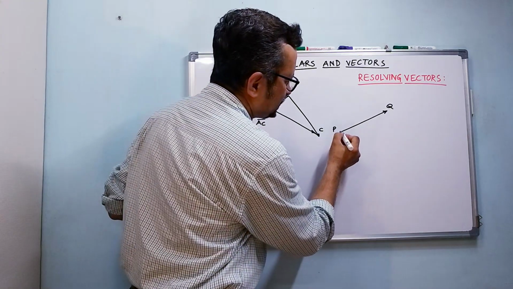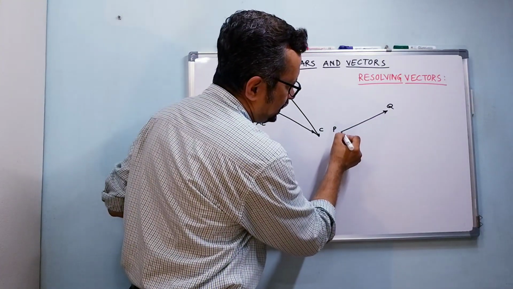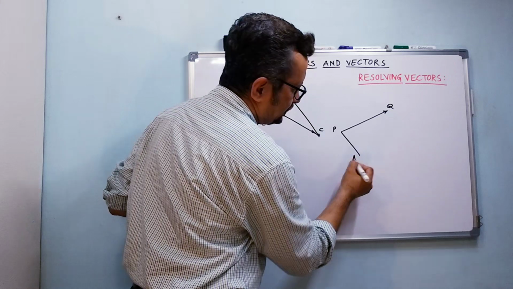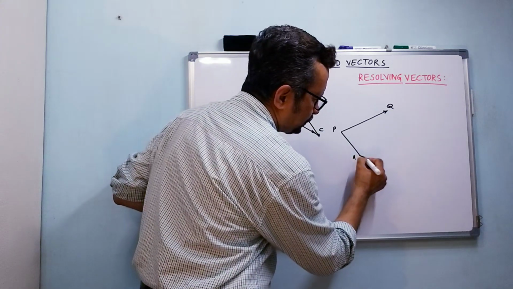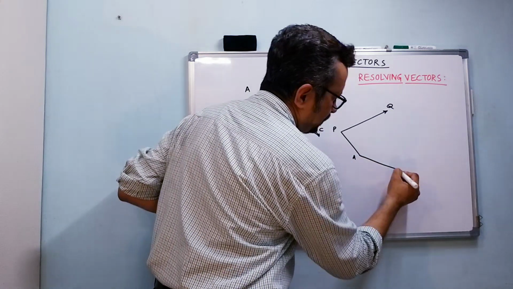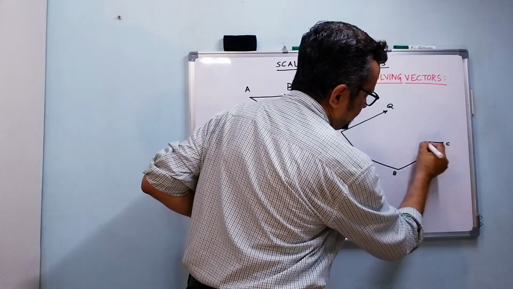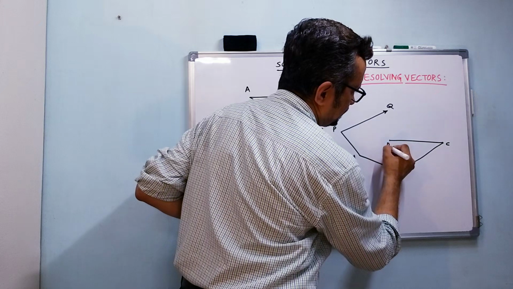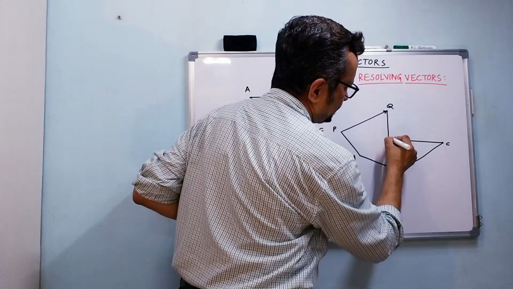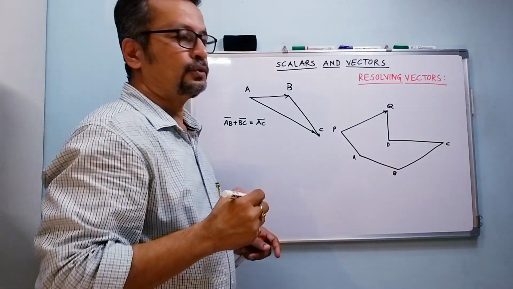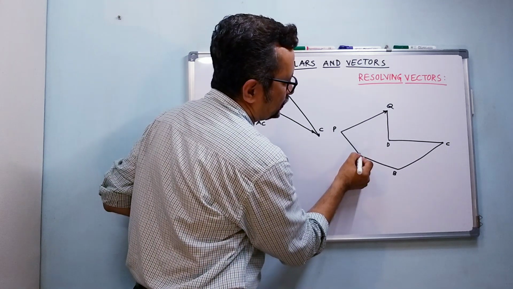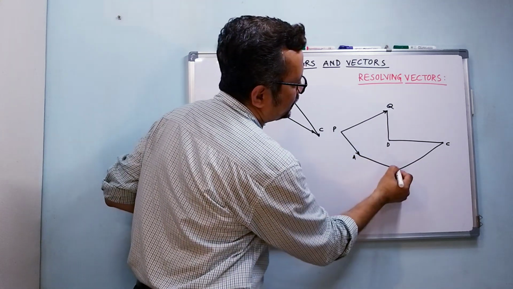So what I can do is from P I go to point A here. From A I move to point B here. From B I'll move to point C here. From C I'm coming to point D, and then finally from D I'll go to Q.